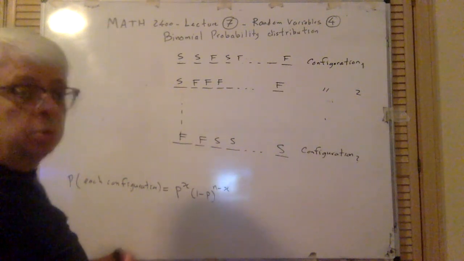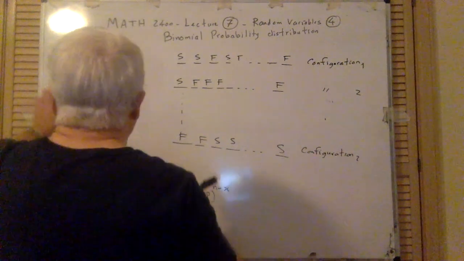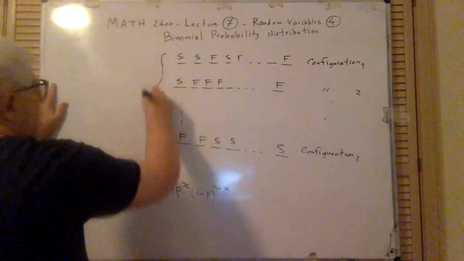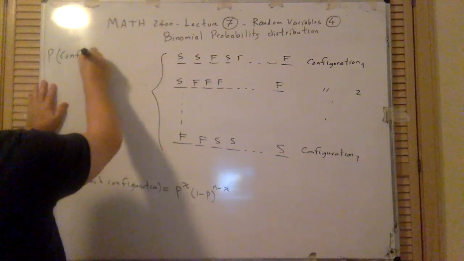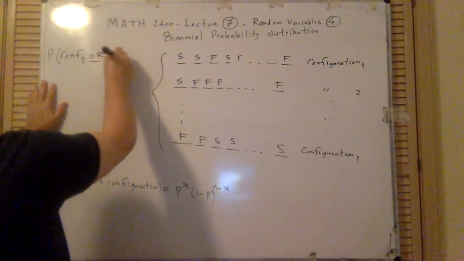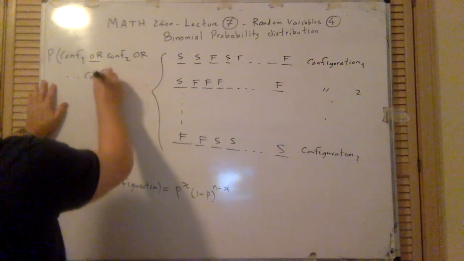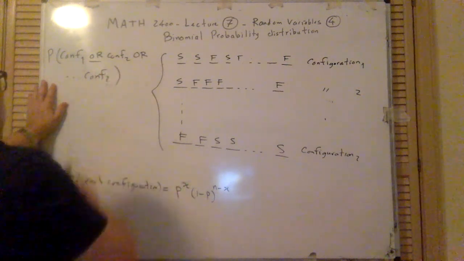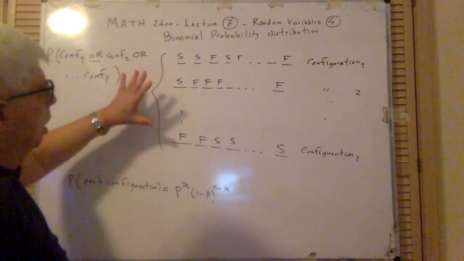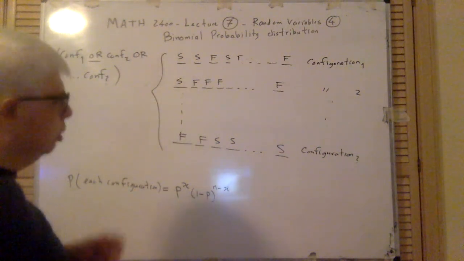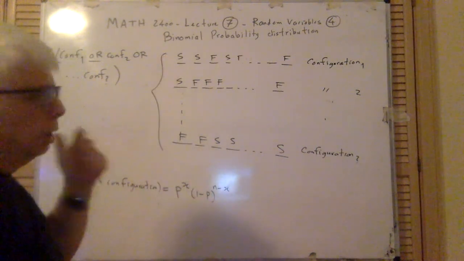But can the other one also happen at the same time? No. So I should find the probability of configuration 1 or configuration 2 or configuration question mark. And they are not just or, they are mutually exclusive. One of them happens.